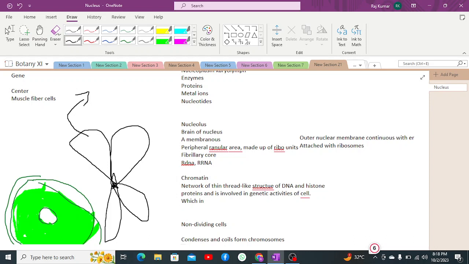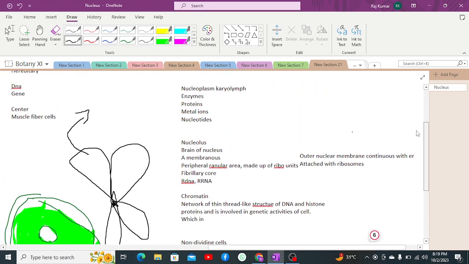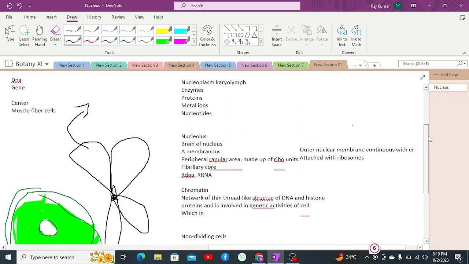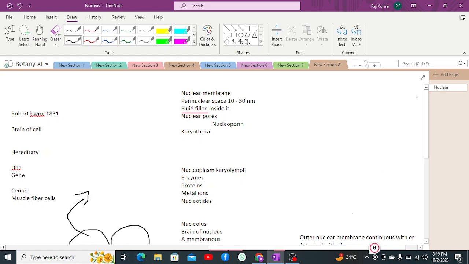On the second part, we have the euchromatin, which is lightly stained, meaning it has very light color whenever it is stained with a chemical. In euchromatin, the gene is not tightly packed. In heterochromatin, the gene is quite tightly packed.